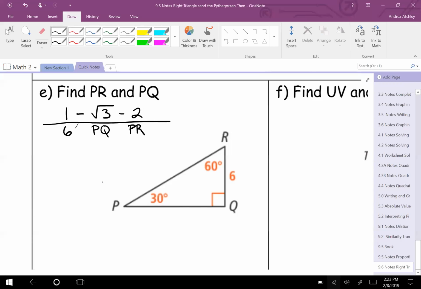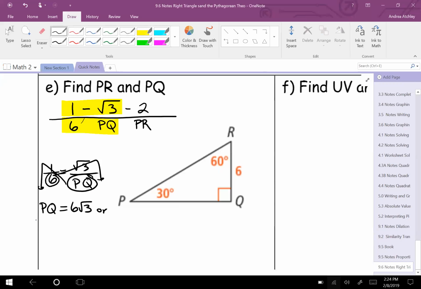Here's your proportion to find PQ. I'm using what I gave you guys, the 1 over 6 and the square root of 3 over PQ. We're going to cross multiply and do 6 times the square root of 3. And that gives me 10.4.